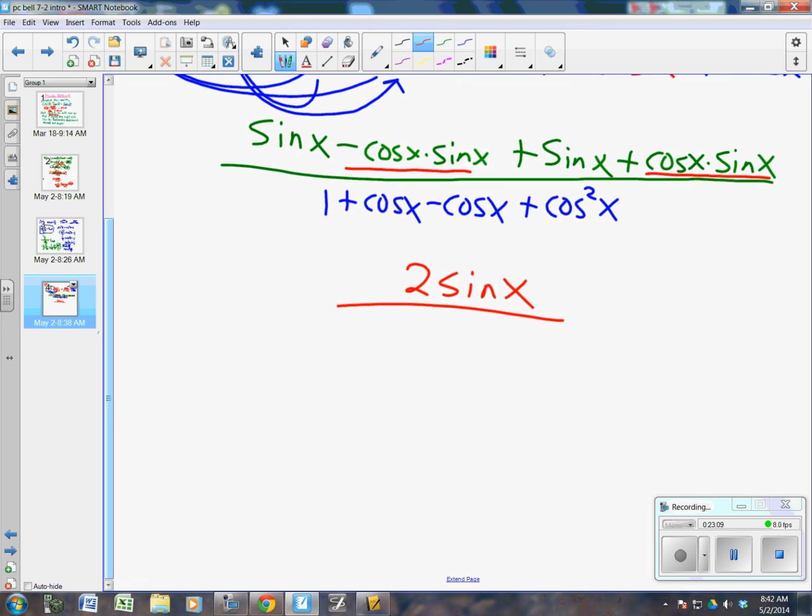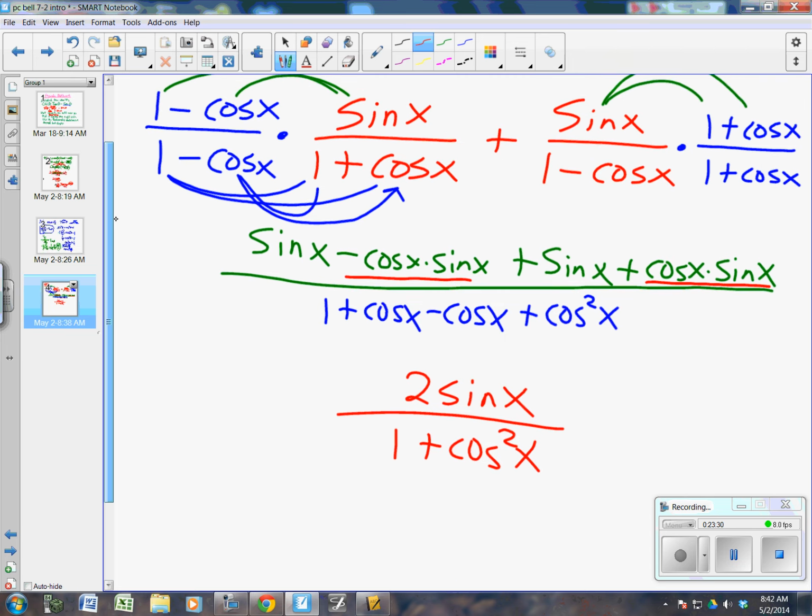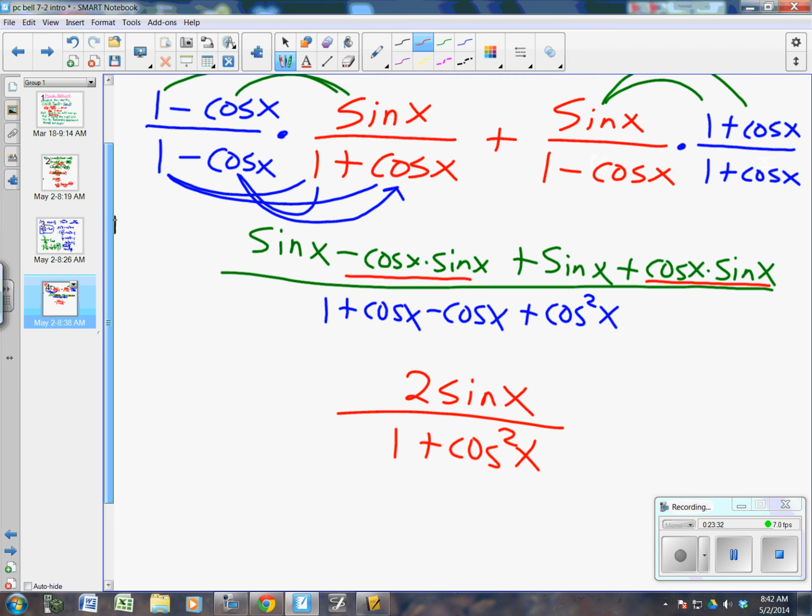What about the bottom? Do you see anything that cancels out? On the bottom. Yeah. Cosine of x minus cosine of x. So I get that. Wait, you know what? I did that wrong. Right there, you guys.